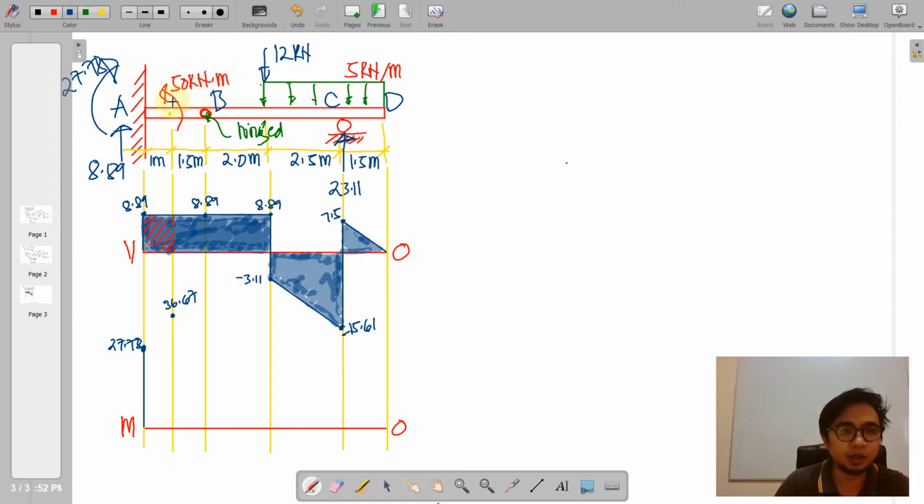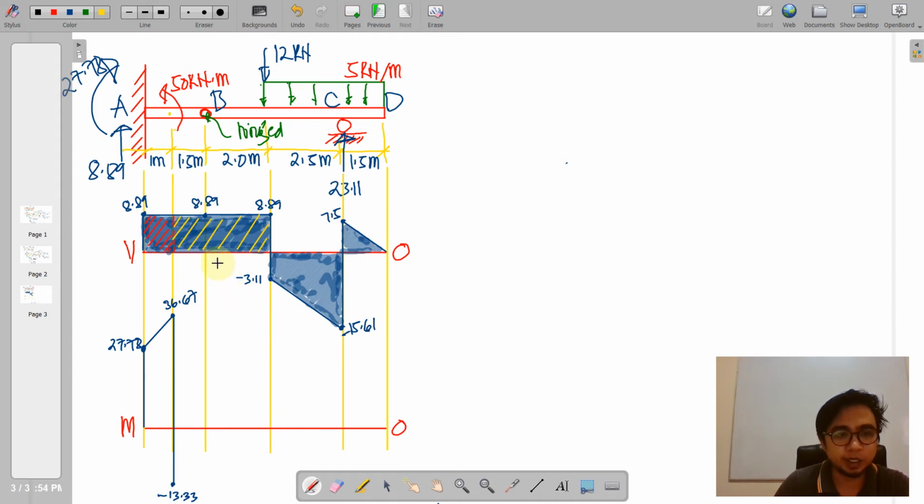So just left of this portion, this is the value until it will reach the 50 couple here, that is counterclockwise. So basically 36.67 minus 50 is the ordinate just right of this segment. So the value is negative 13.33. So we just connect the points by a straight line, and then another positive area of this rectangle.